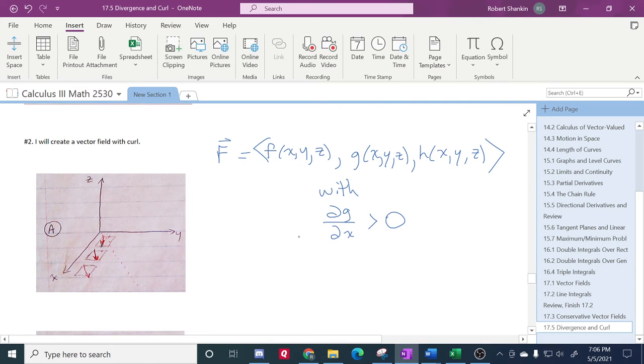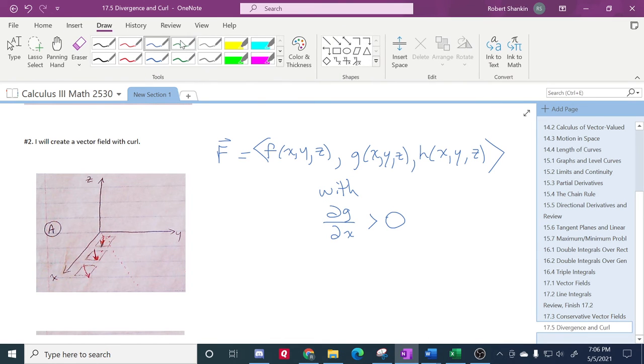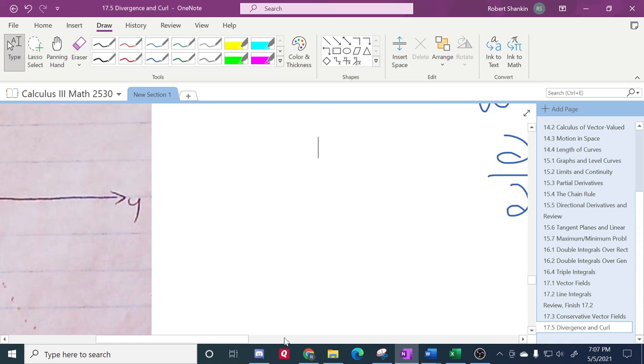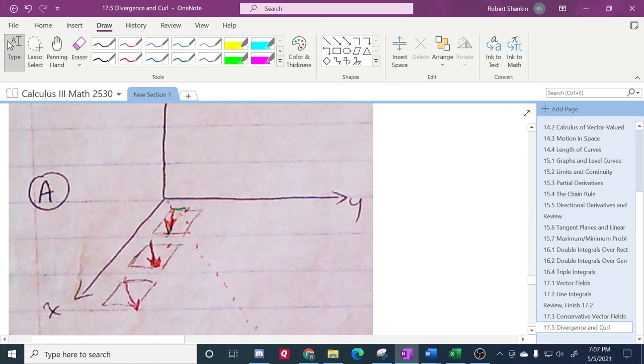As we move in the x direction, the y components of these vectors, look at the y component, I have to blow this up to be able to draw on it.